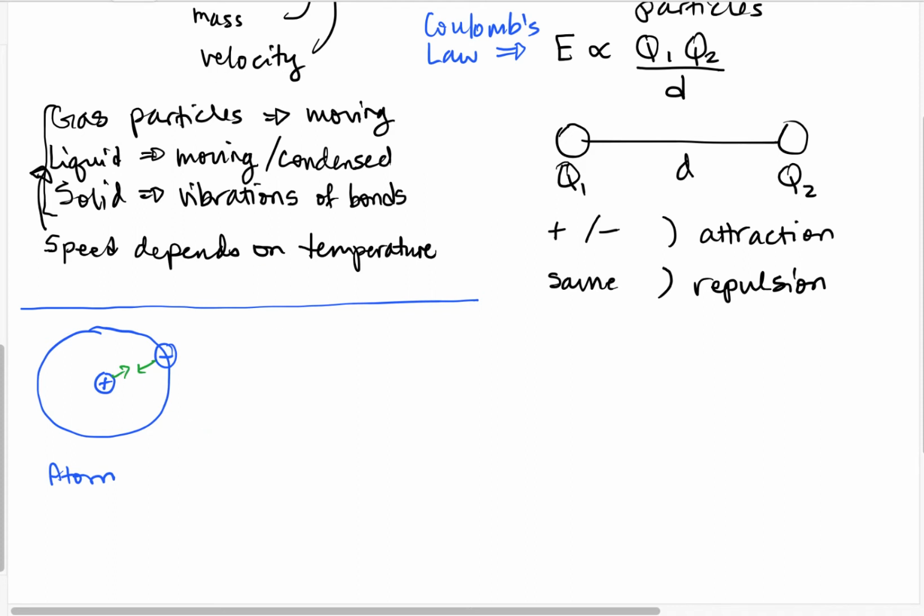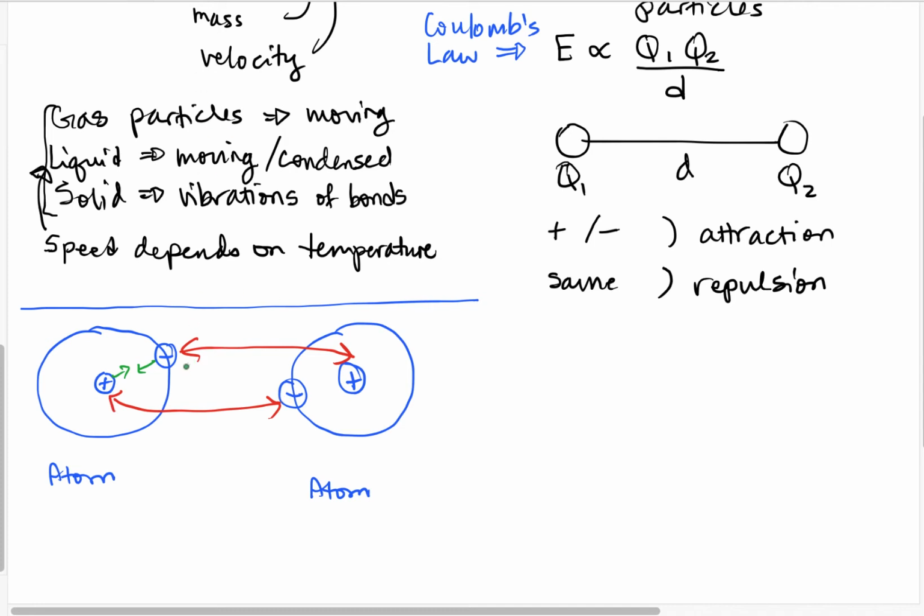And this is true. If I have another atom with another charged nucleus and some negative electrons, then this nucleus and these electrons are attracting each other, and this nucleus and these electrons are attracting each other.